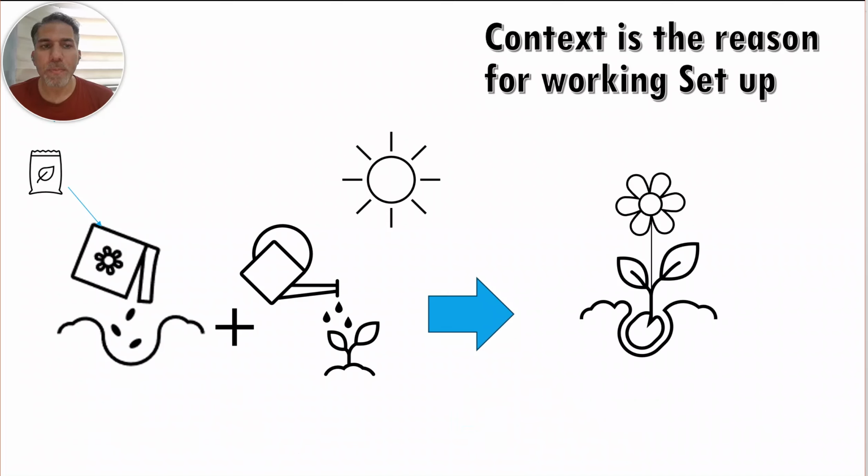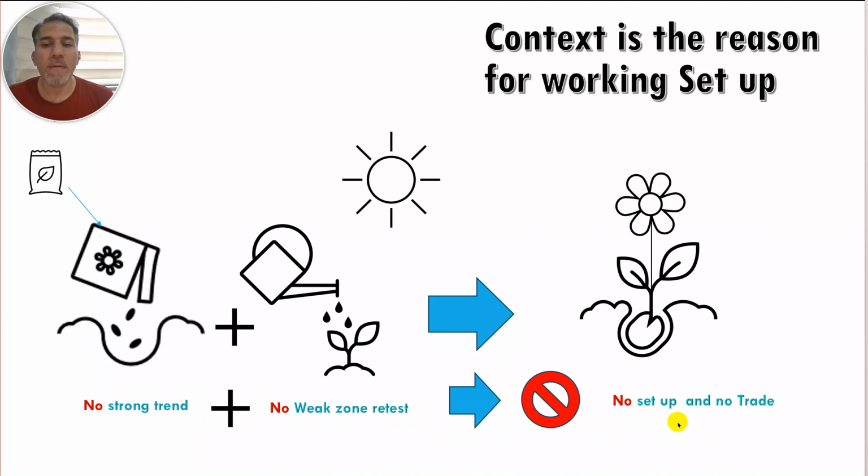Now it means that with no strong trend and no weak zone retest, we don't have any setup, no trade. We want to have a strong trend if it is going up, and our retest should be weak. If it is not weak, it means that it is a reversal. So that's the reason that you cannot easily say, okay, mechanically, I'm just doing 1, 2, 3, and done. No.